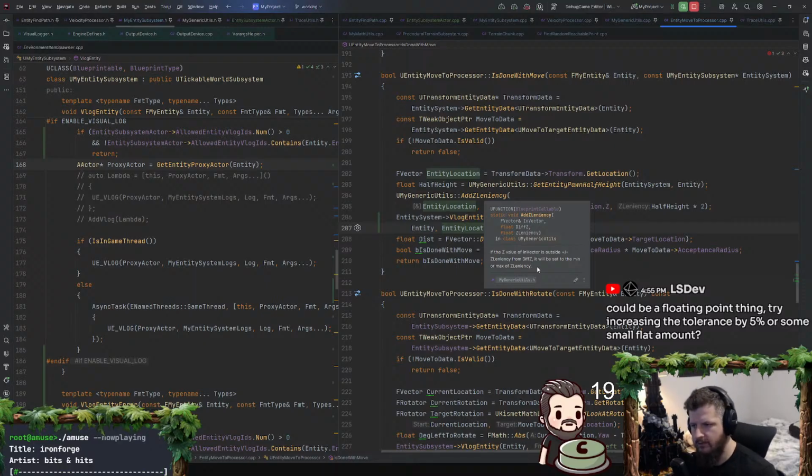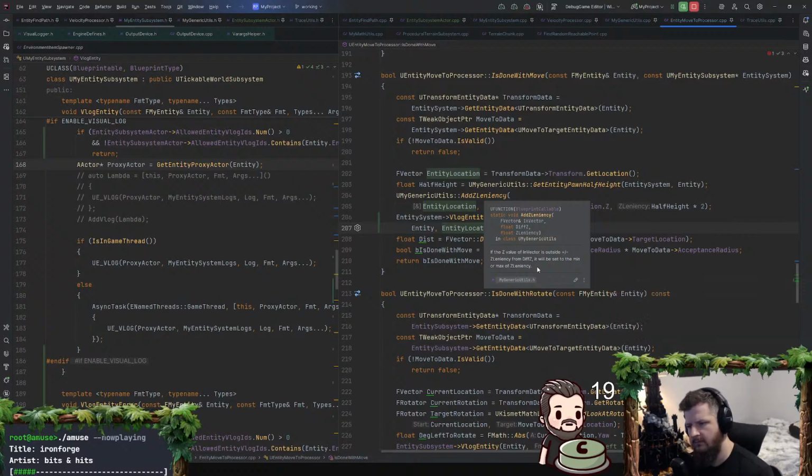It's an issue with my logic. If the Z value of in vector is outside plus or minus Z leniency from diff Z... that's not the logic I should use.